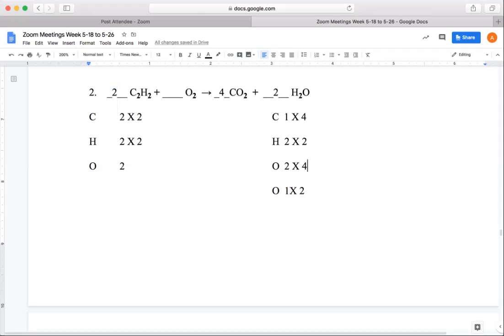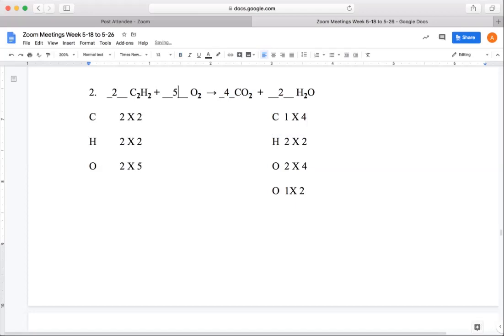Let's see, so we're going to have 4 carbons here. And we're going to have 8 oxygens from the 4 molecules of carbon dioxide. And we're going to have 2 oxygens from here, right? So we have 10 oxygens on the right side, only 2 oxygens on the left side. So to make this number of oxygens balance with them, multiply this by 5.